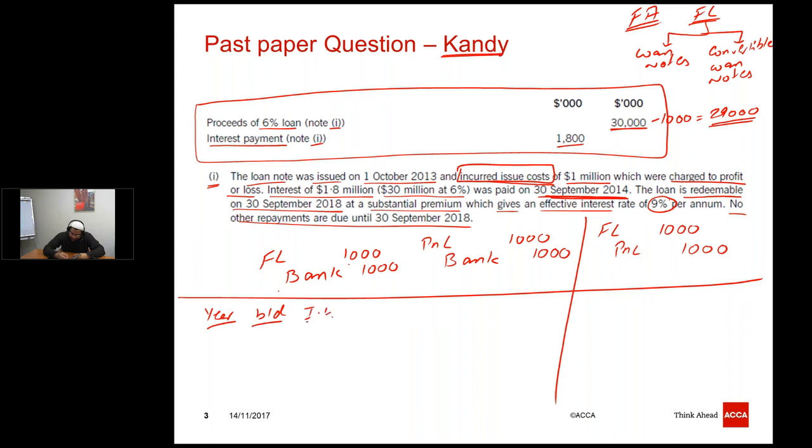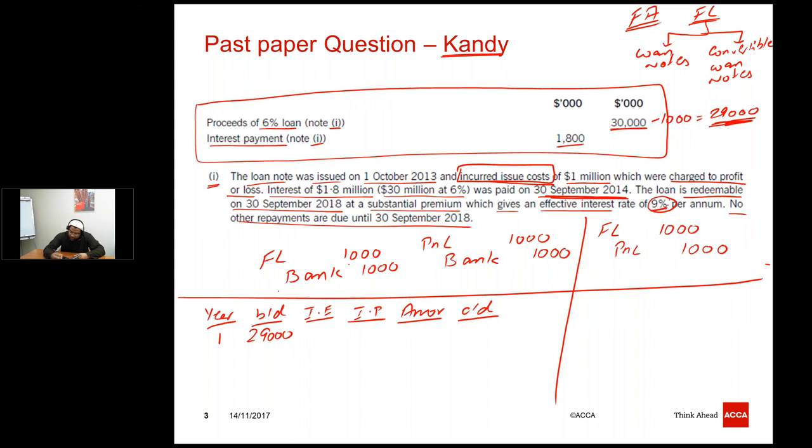So if we prepare the table, we prepare it in such a way that we have brought down, interest expense, interest paid, amortization and carried down. This is the first year where the brought down will become 29,000. We are not going to use 30,000 because the correct value is actually 29,000.